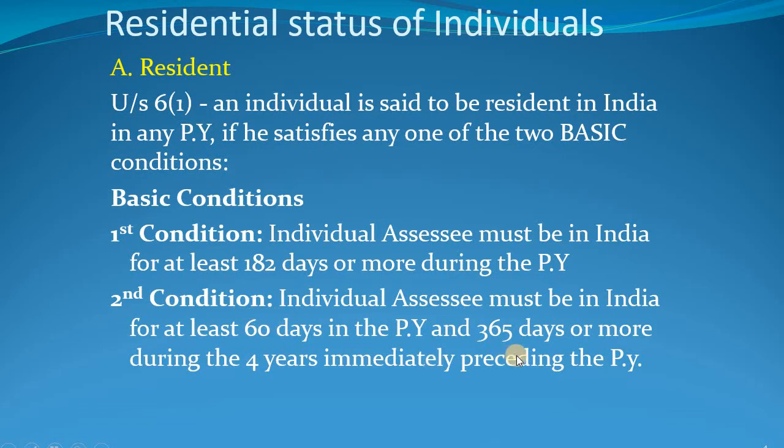But it says further, 365 days or more during the 4 years immediately preceding the previous year. So after the 60 days in the previous year, he should be in India for 365 days, leaving the present previous year.